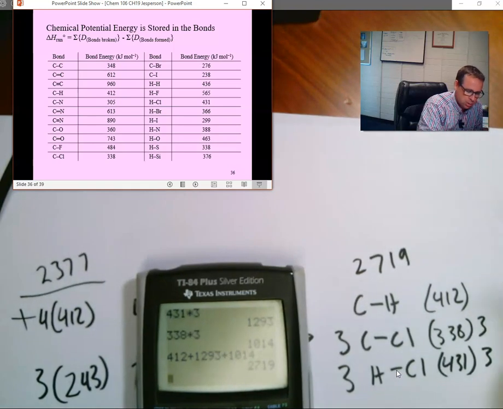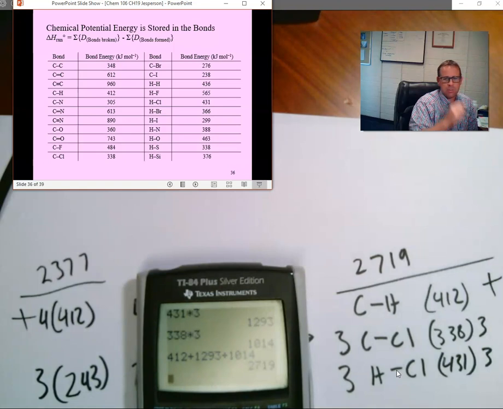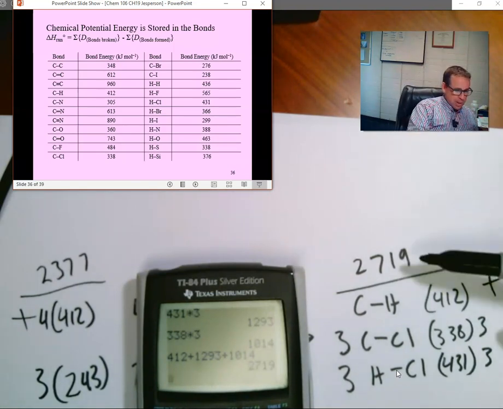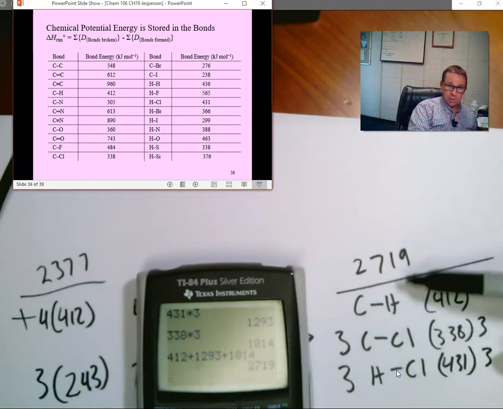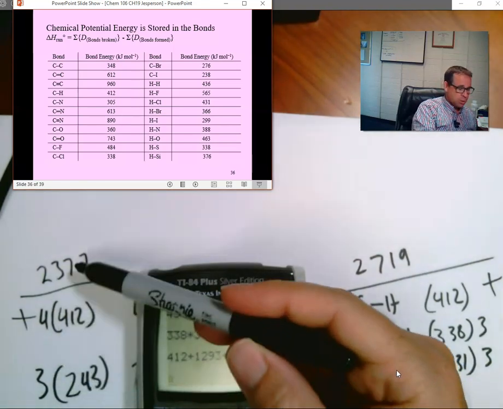Not 271.9, 2,719. All right, so I'm adding up all these values here. So to break up all this stuff over here, it would take 2,719. To break up all this stuff over here, it would take 2,377.